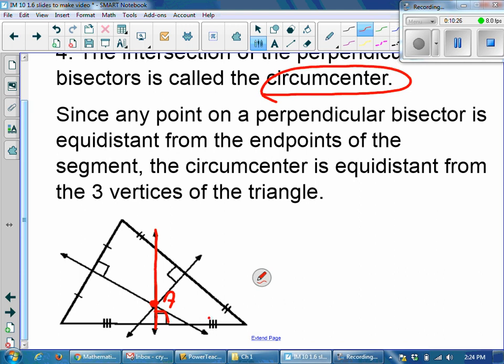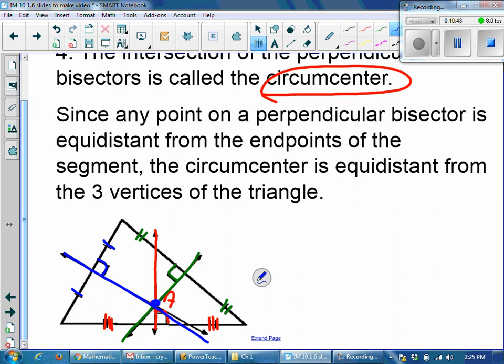I see that right angle, and I see the congruent marks. I see that this one is also a perpendicular bisector. I've got the right angle and the congruent marks. And then this last one is a perpendicular bisector because I've got the right angle and the congruent marks. So the place where the three perpendicular bisectors intersect is called the circumcenter.